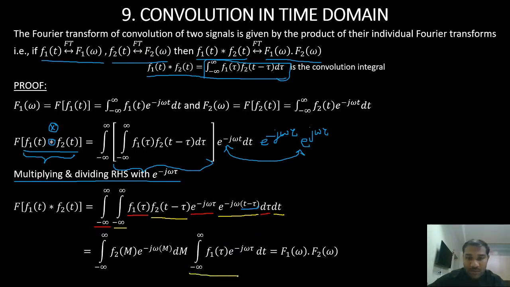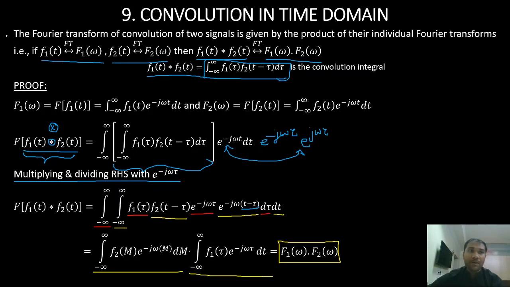So this is my F1 of omega and this is going to be my F2 of omega. So it is nothing but the multiplication of the two Fourier transforms, right? If you want to find the Fourier transform of the convolution of two signals f1 of t and f2 of t, it is just the multiplication of their individual Fourier transforms. That is the convolution in time domain.